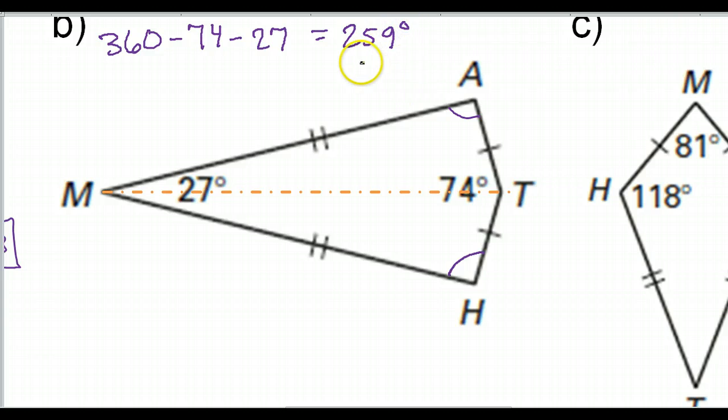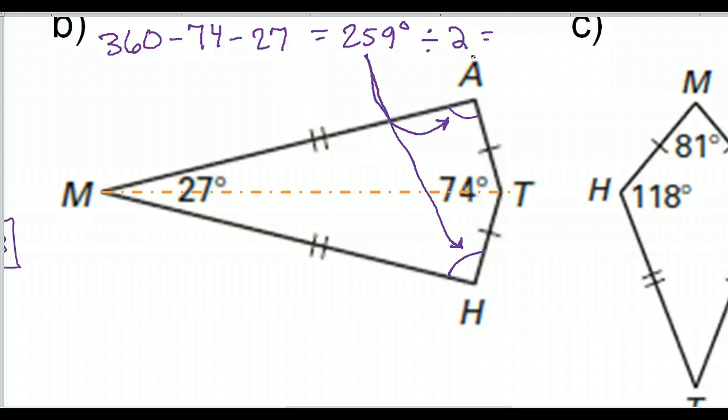Okay, 259 degrees. But that 259 degrees needs to be shared equally between angle A and angle H. So the only way to share this equally is to divide it by 2. That gives us 129.5.